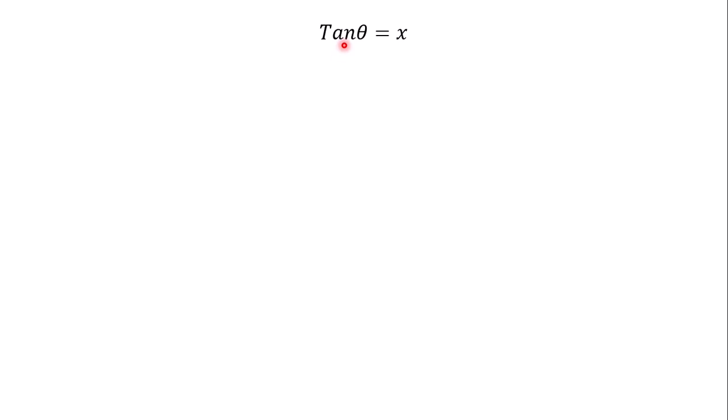So now let's differentiate this one. It will give us what? Secant theta squared d theta, which is equal to what? dx. When you differentiate this one, that is what we are going to get. dx is equal to secant theta squared d theta.